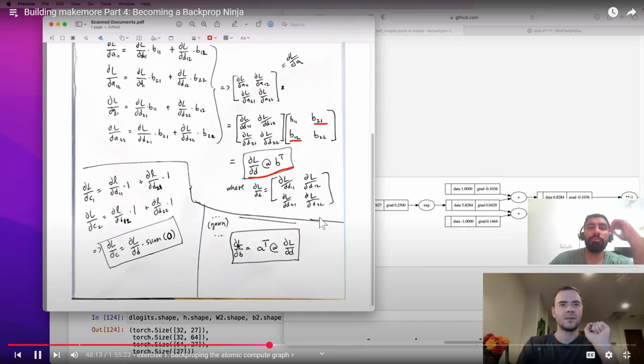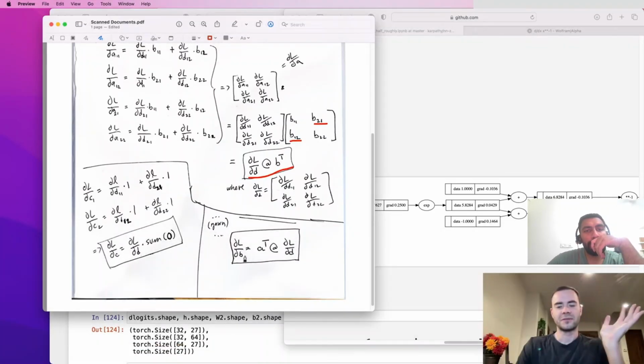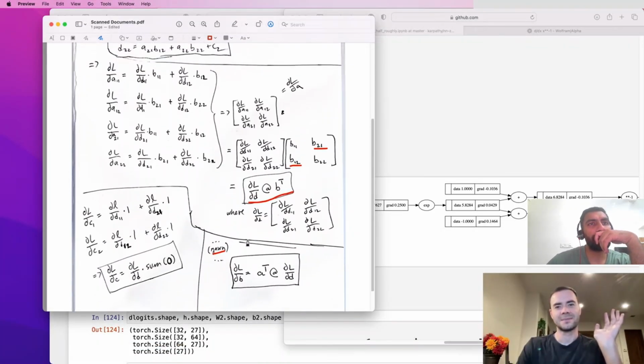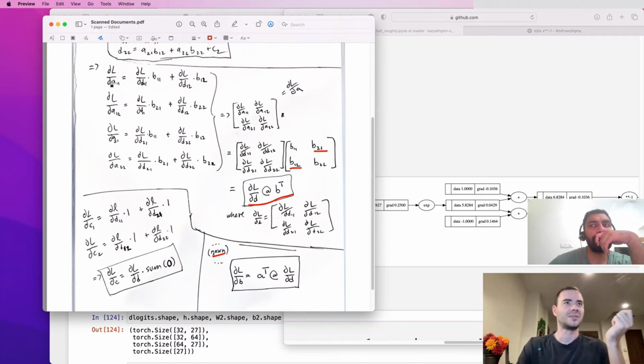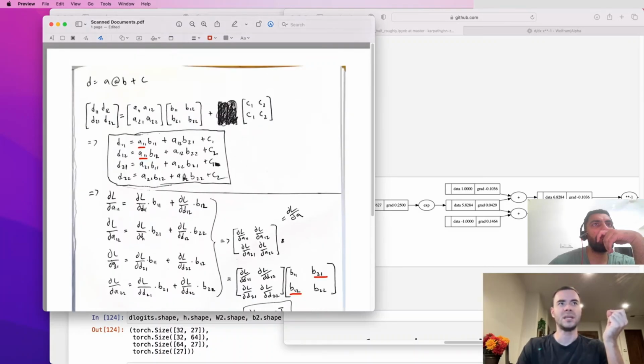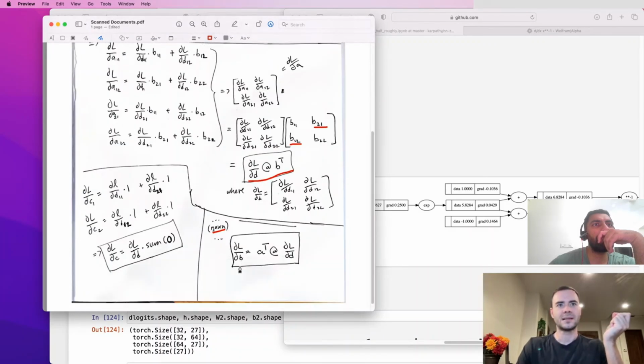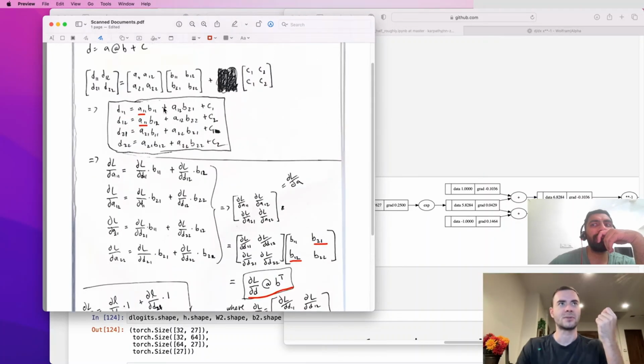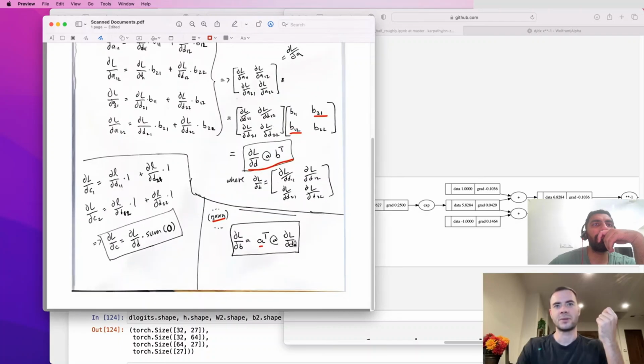Now, for B, I'm not actually doing the full derivation because honestly, it's not deep. It's just annoying and exhausting. You can do this analysis yourself. You'll find that if you take these expressions and differentiate with respect to B instead of A, dL by dB is also a matrix multiplication. In this case, you take the matrix A, transpose it, and matrix multiply that with dL by dD. That gives you dL by dB.